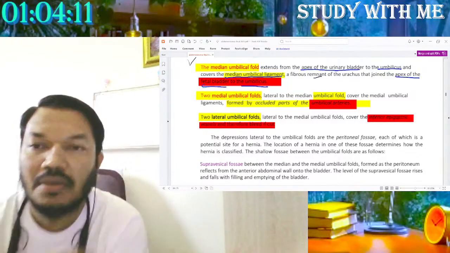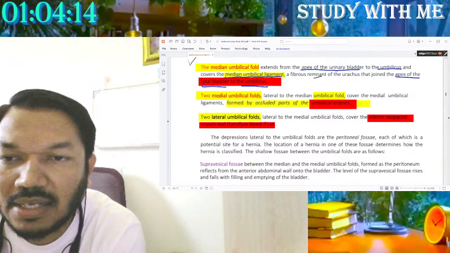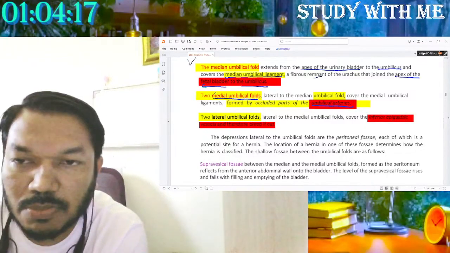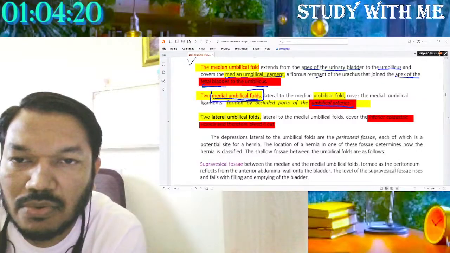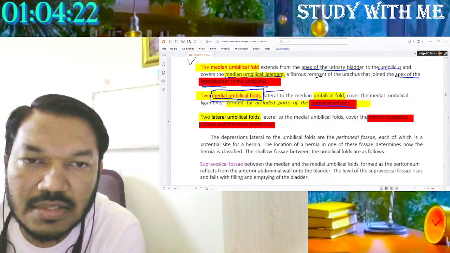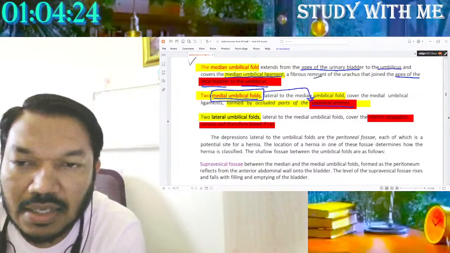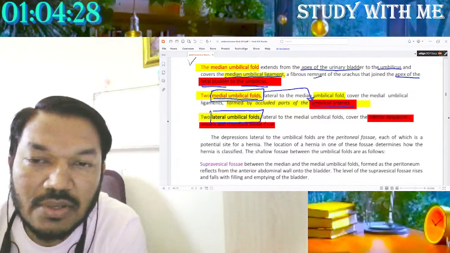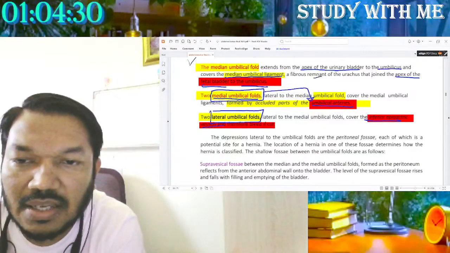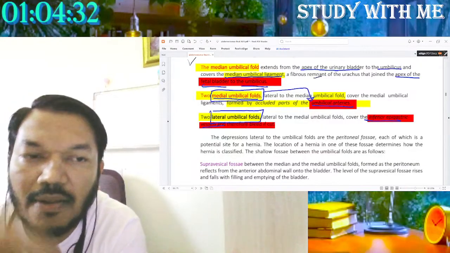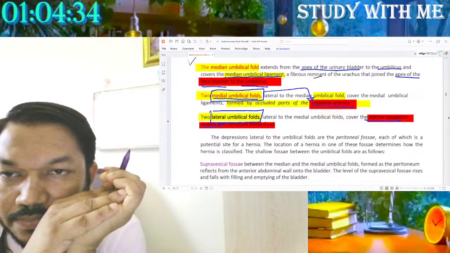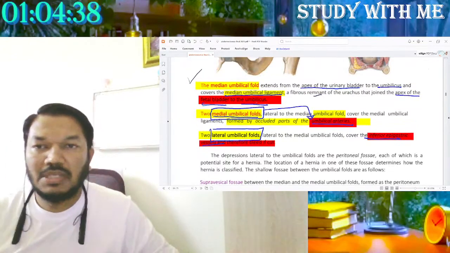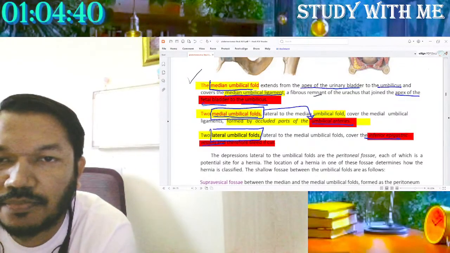Very easy. Medial umbilical fold contains umbilical artery. Just remember this part. Medial umbilical fold covers umbilical artery, and lateral umbilical fold covers inferior epigastric vessels. So you can repeat the contents of median umbilical fold.